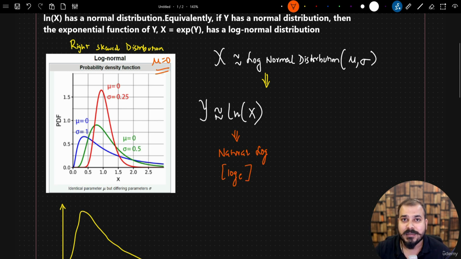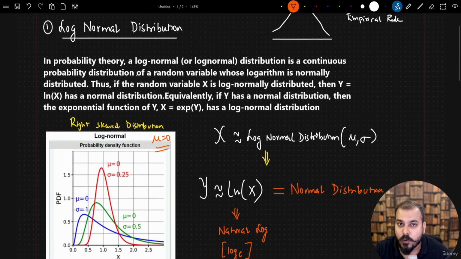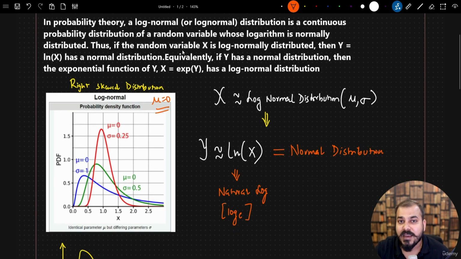Then this specific variable y, which is a random variable, will belong to a normal distribution. That is what this specific sentence says: if the random variable x is log normally distributed, then y is equal to log of x, which is natural log of x, has a normal distribution.